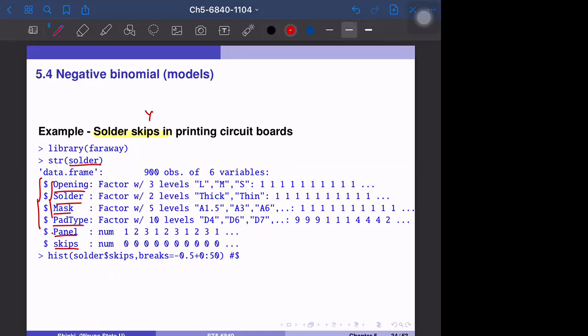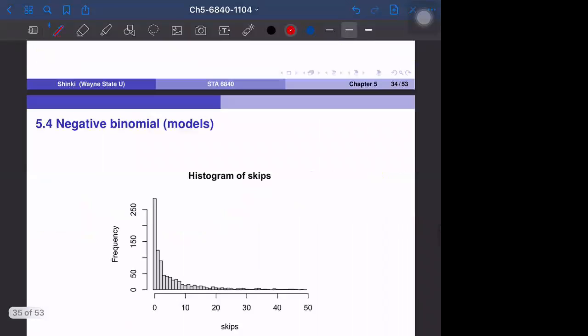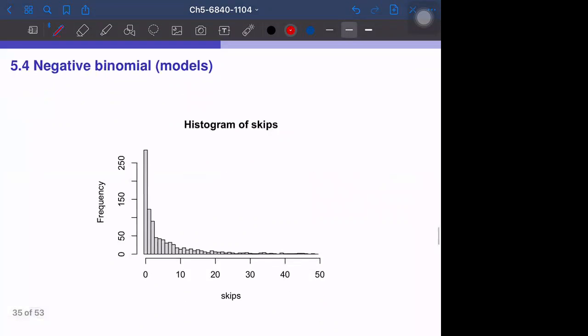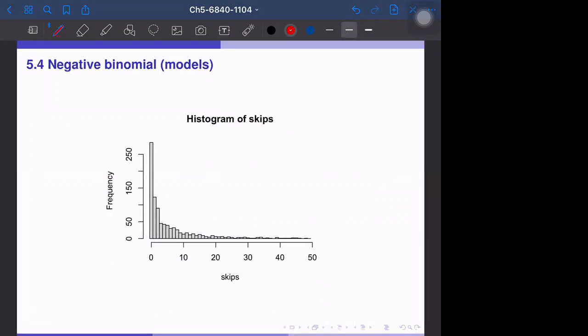Since we have many zeros in skips, we want to see the distribution. This is the histogram of skips. Most of the time it is 0, about 300 observations, then 1, 2, 3, 4, 5.